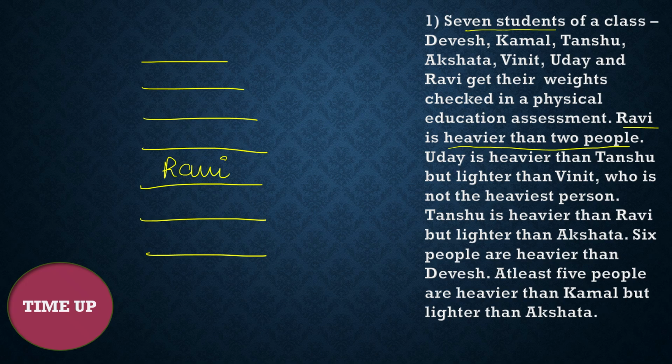Uday is heavier than Tanshu, but lighter than Vinit, who is not the heaviest person. So if Vinit is not the heaviest person, Vinit will not be placed on top, correct? So Uday is heavier than Tanshu, but lighter than Vinith.